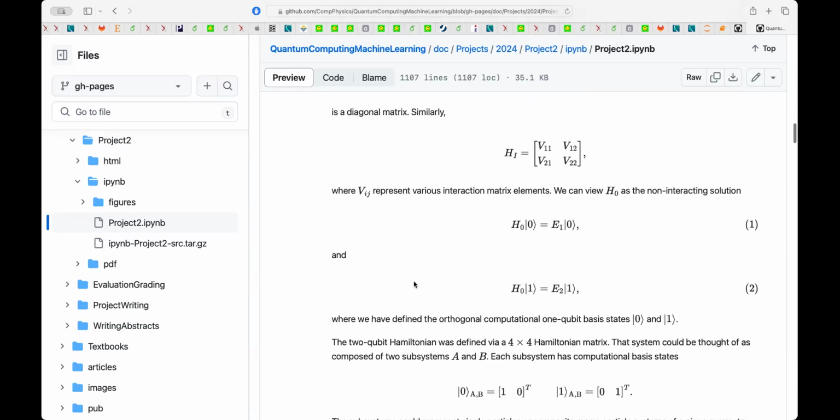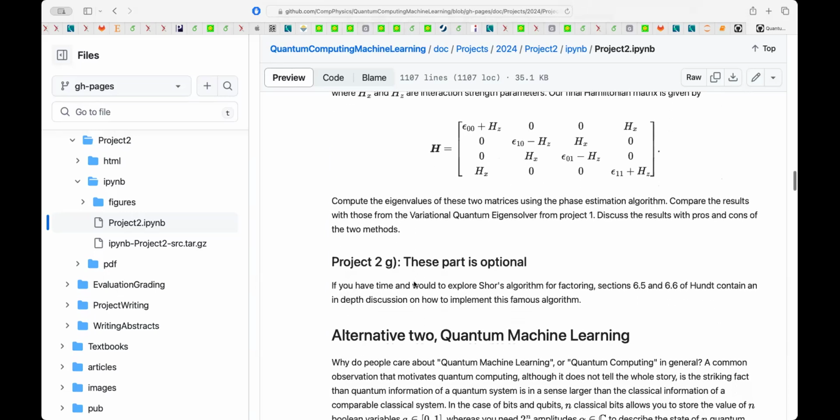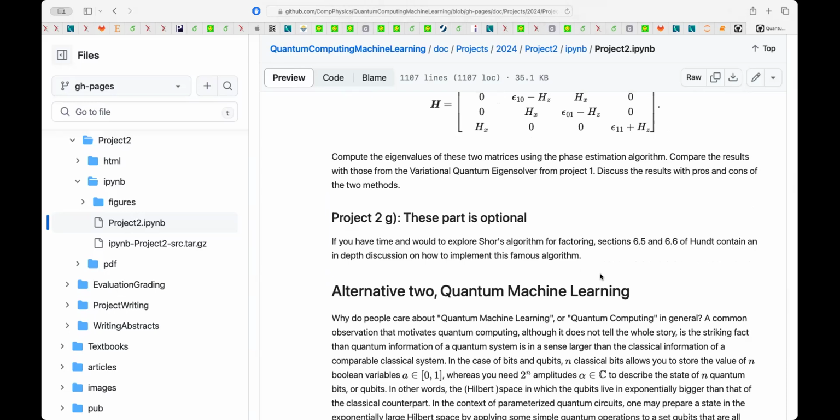So that was that part. Then we have, so this is basically what we had before, a part which I only recommend if you have lots of time, which you probably don't have. And also if you're familiar with some number theory and encryption theory. So, yeah.